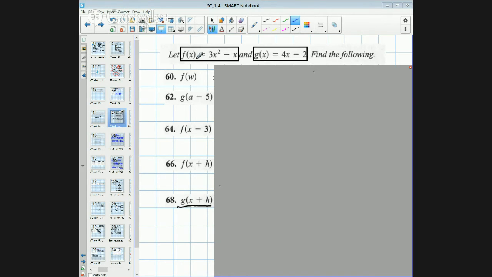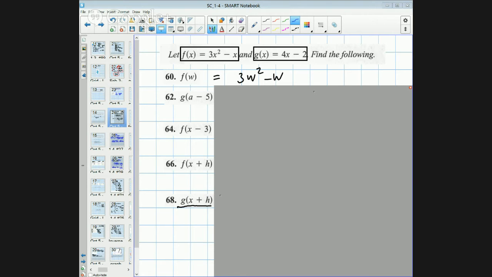So here again, I have two functions at the top. There's function f, that's an equation, and here's function g, and that's an equation. Find the following. Okay, I've got the answers there. See if you understand where I got that from. Find f of w. So take the first equation and plug in a w for x.